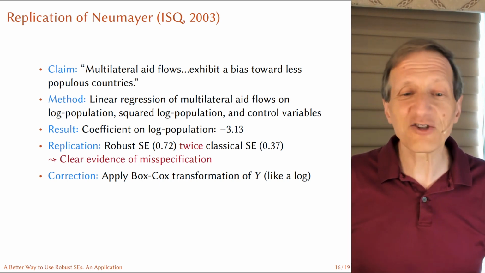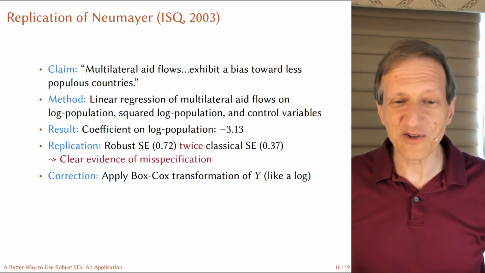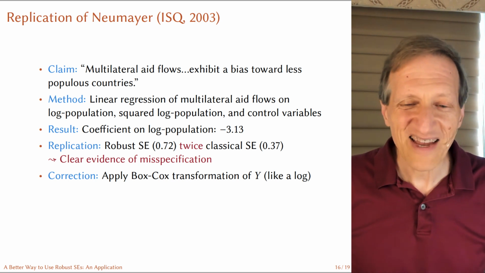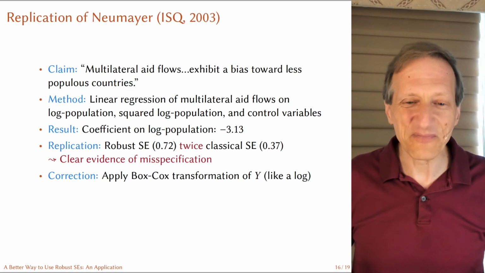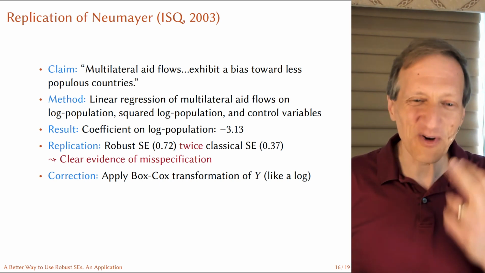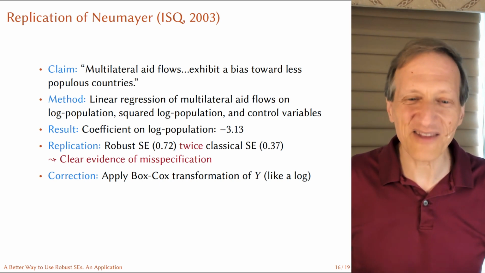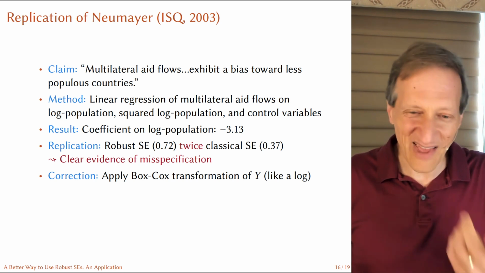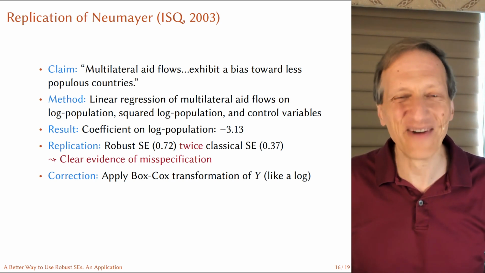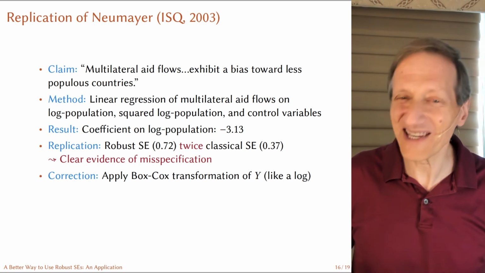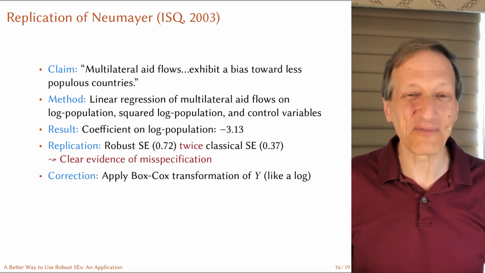The Box-Cox transformation was authored by two guys, one named Box and one named Cox, and they decided to write a paper together because they thought it would sound good. And both of them were really good statisticians, and so they came up with a really great idea.